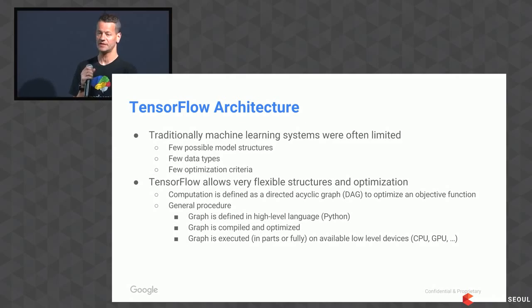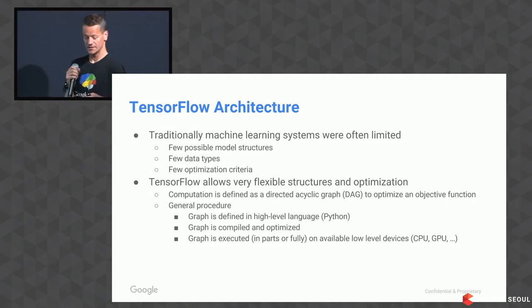You want to have a very flexible system where you can easily change your optimization criteria and have it still work without hacking all the code. So with TensorFlow, we can do all this. And the computation is defined as a directed acyclic graph, a DAG. Some of you may have heard of this. And this is to optimize an objective function. And I have an example later that shows this.